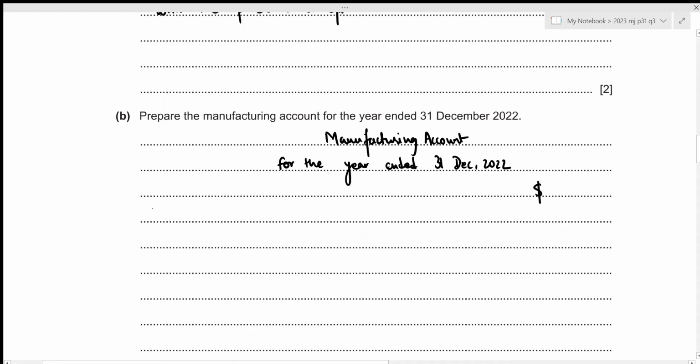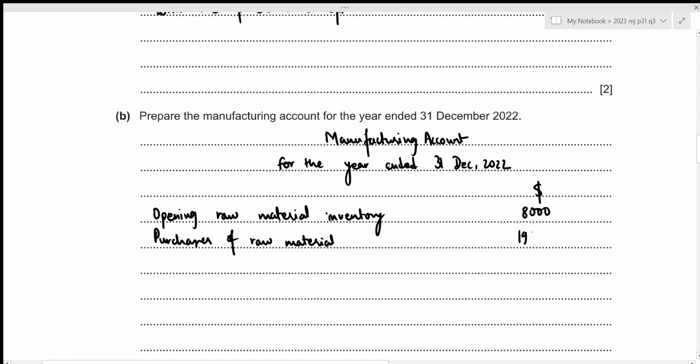Let's write it down. We start with opening raw material inventory. We add the value to be 8,000. Then we add our purchases of raw material. And we're given its value to be 198,000. Then we also add the carriage inwards. We were given its value to be 3,100.